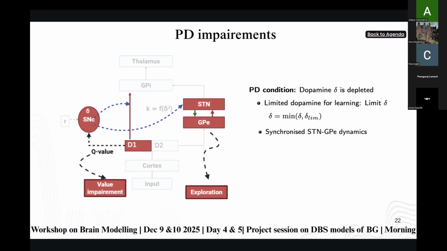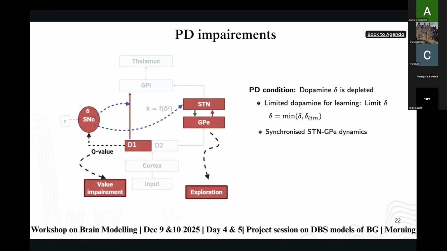Why I say value impairment: if the error I use to backpropagate through the entire network is wrong, can I say my learned values might not be correct? Yes, right. My error itself is wrong because I have limited it. Initially, it was supposed to go to 100%. Now it only goes to some extent.